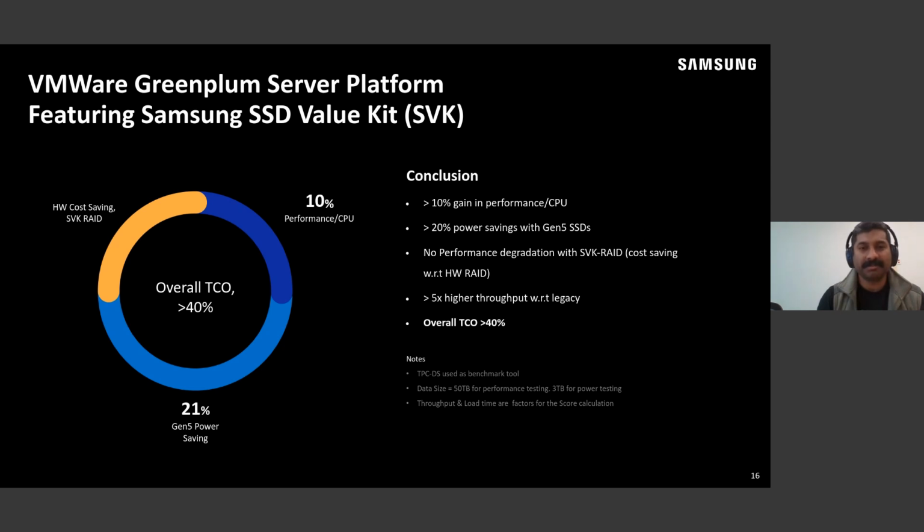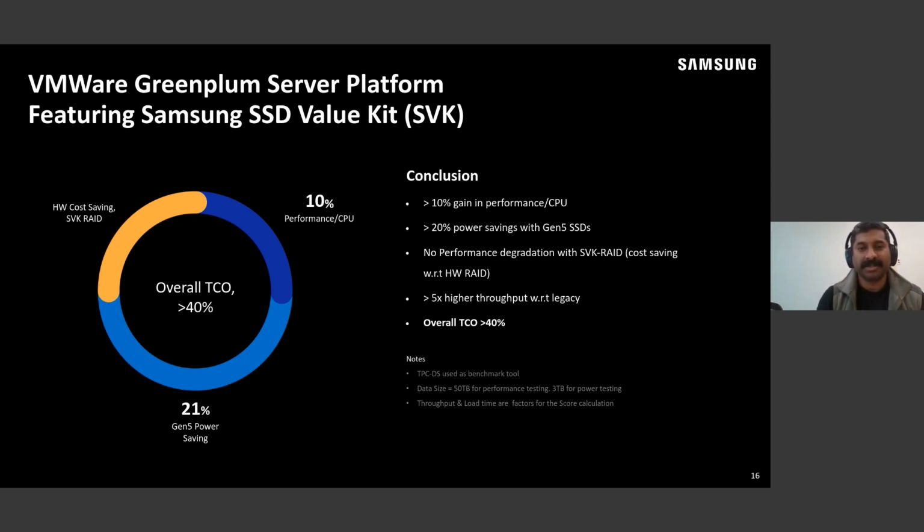And 20% power saving just because you have moved from the best performing Gen 4 drive to a Gen 5 drive. So a minimum of 20% you get. Again, we are not accounting for the extra power saving which comes with the SVK power optimization feature. This is just with Gen 5.